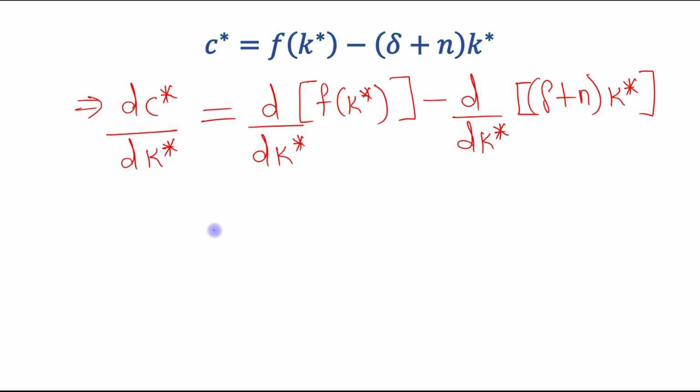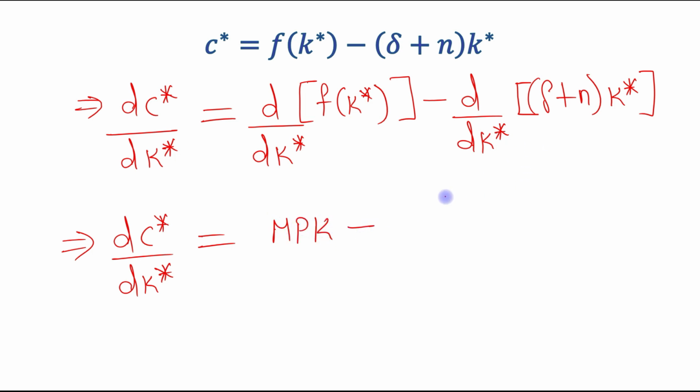In the next step, this will be the marginal product of capital minus (delta plus n).